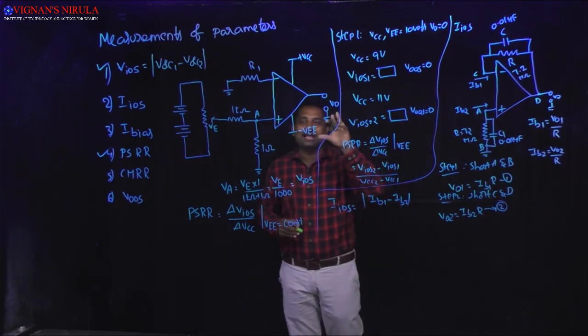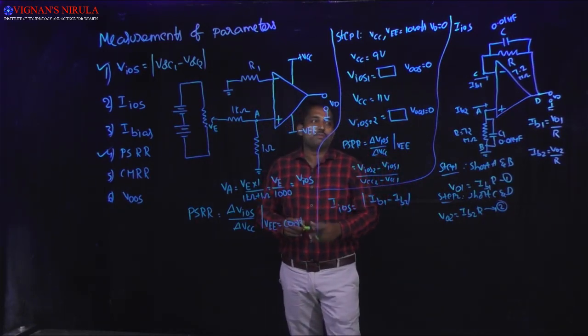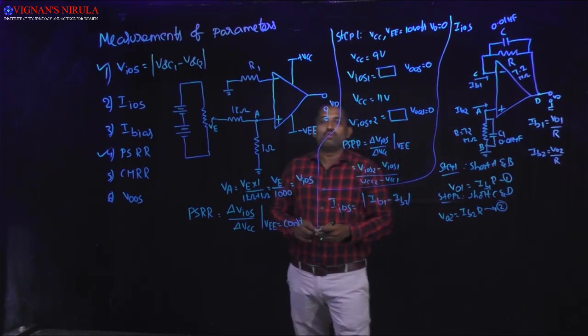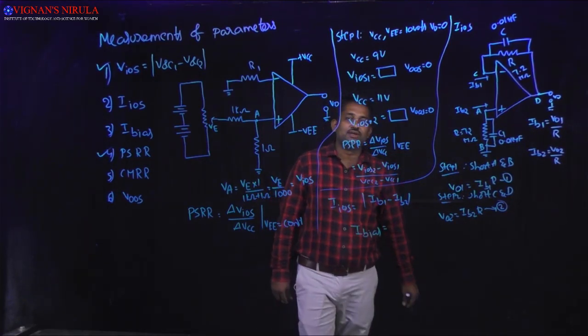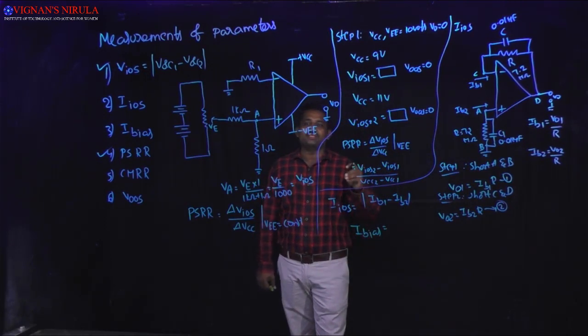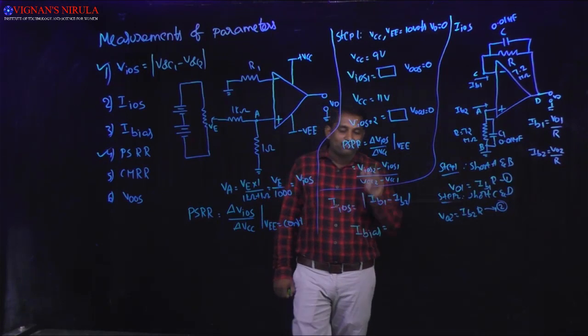Once we calculate the input offset current using the same circuit, we may calculate the input bias current also. What is input bias current? I bias is nothing but the average of the input currents passing through the input terminals of an op-amp.